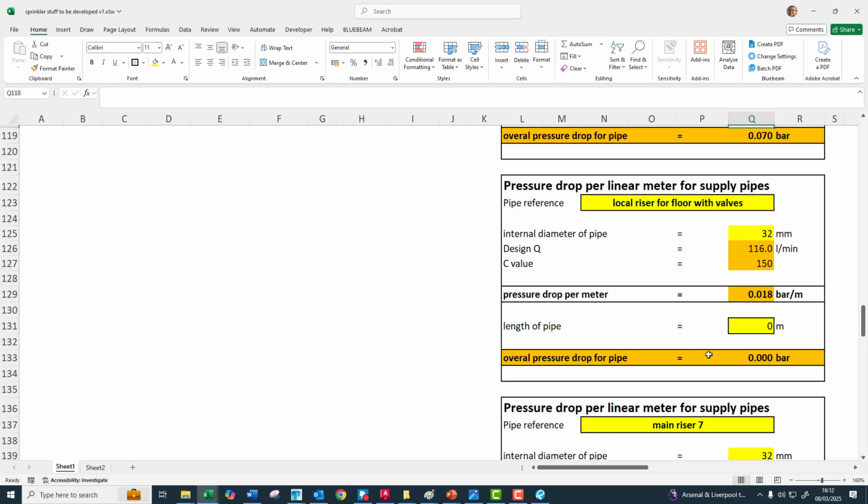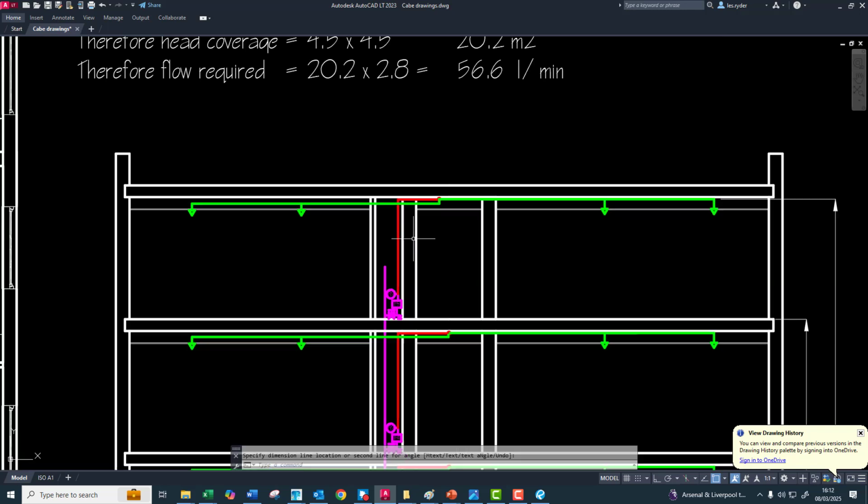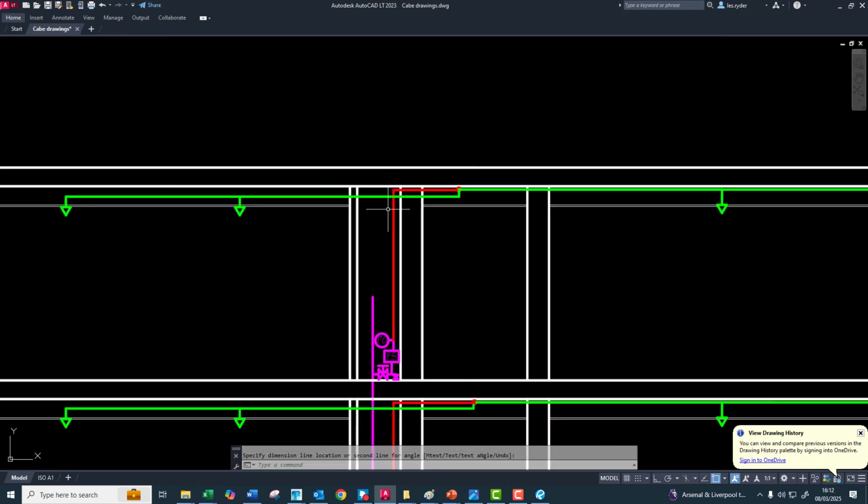So now the next thing we've got is the local risers with the valves, which effectively is that. So I'll take that all the way to there, to be fair. So basically we've got a flow switch, a gauge, isolation valve, and a drain valve, and we can put that on a T. So we've got 2 T's, and those bits and pieces.